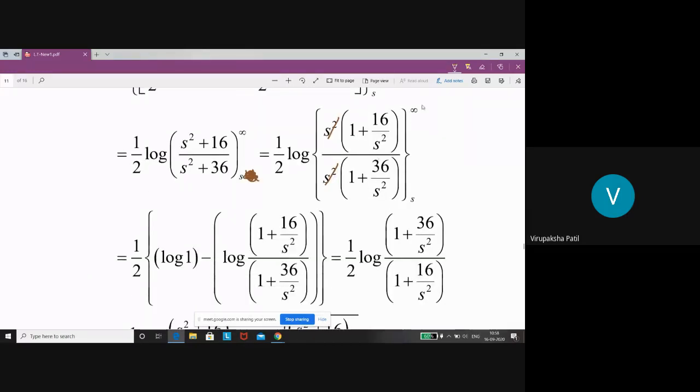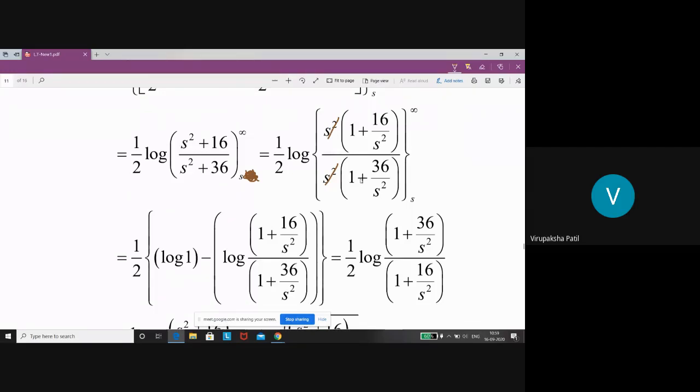Only this thing is left, which means next we have to put infinity here. If you put infinity, what happens? Log, with 1 by 2 as it is, for the upper limit. It becomes log of 1 plus 16 divided by infinity. Anything divided by infinity is 0, so this becomes 0 when you put the upper limit.